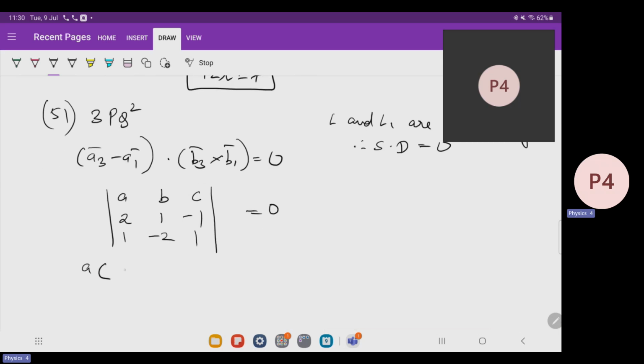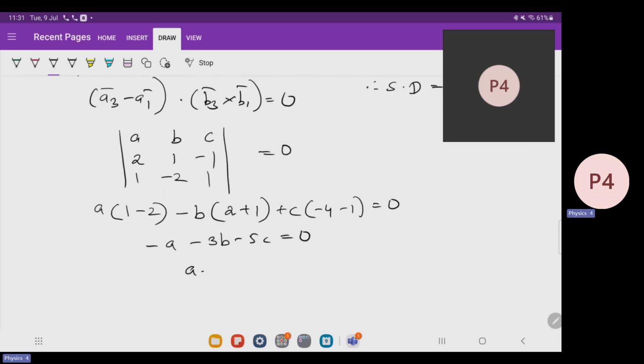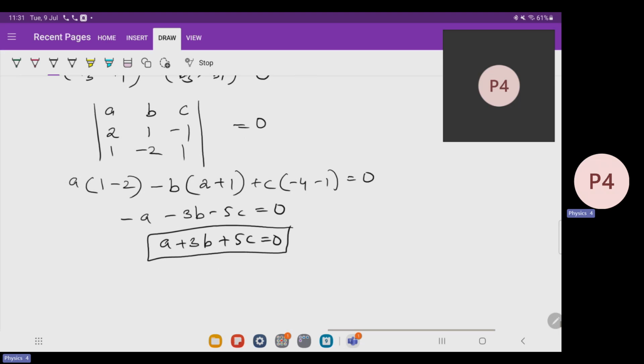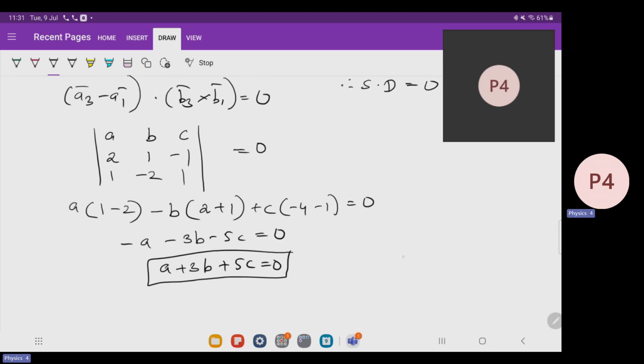So if you solve this, you will get 1 minus 2, plus minus b, this is 2 plus 1, plus c, it is minus 4 minus 1, is equal to 0. So minus a minus 3b minus 5c is equal to 0. So we will get a plus 3b plus 5c equals 0. This is one equation. Similarly, L and L2 are intersecting.